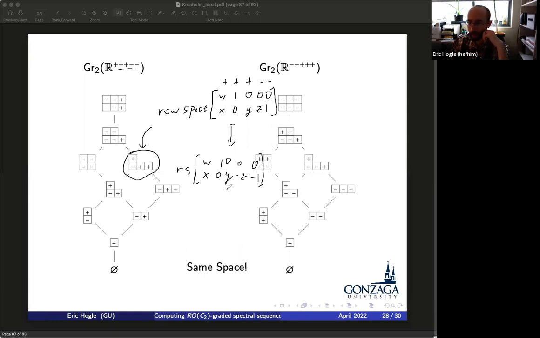Well, this isn't in row echelon form anymore. This is supposed to be a positive 1. And so I multiply this row by -1 to put it in row echelon form. And that's the row space of W x 0. Puts a minus sign here and here, makes that positive.